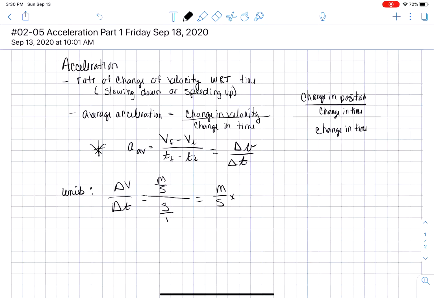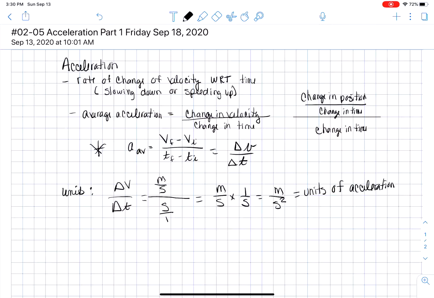So we then have meters per second over 1, times 1 over seconds, which ends up being meters per second squared. And this is the units of acceleration. We have meters times 1 equals meters, and then we have seconds times seconds is seconds squared.